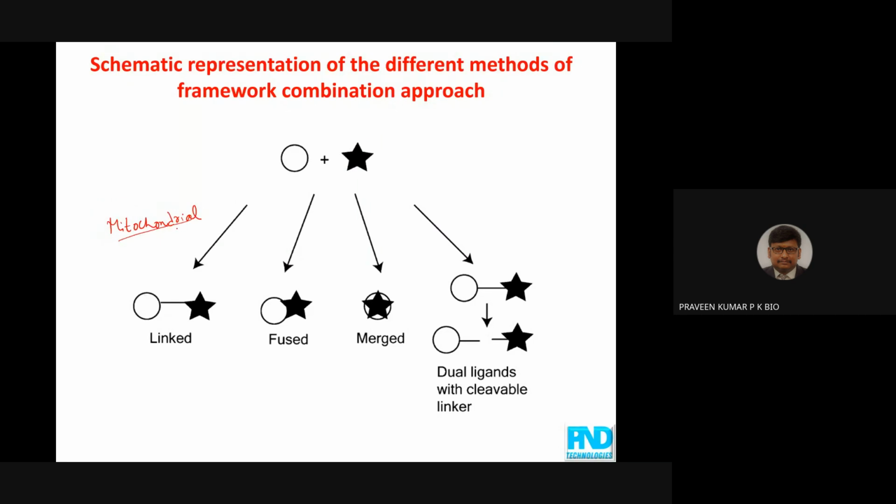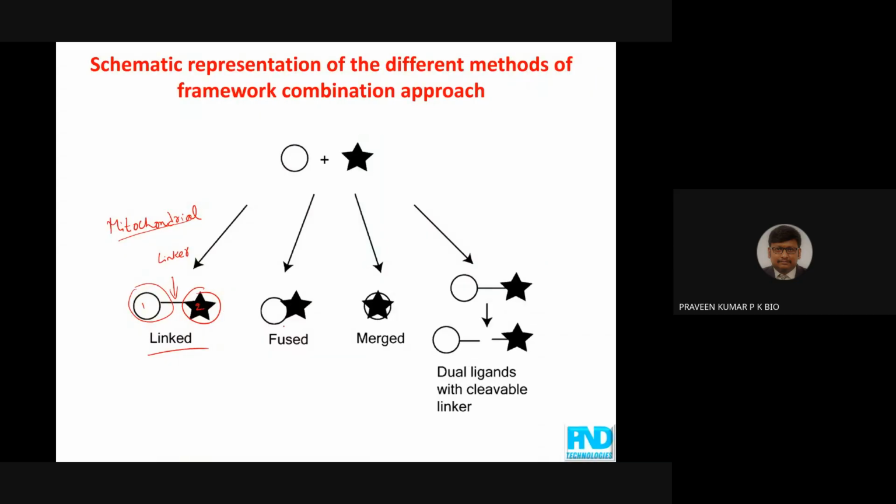The mitochondria has a double layered membrane. Targeting the mitochondria is very difficult. So, if you have a mitochondrial targeting drug, and a specific drug which can cure the disease, we can link them. For linking drug 1 and drug 2, we use a linker.